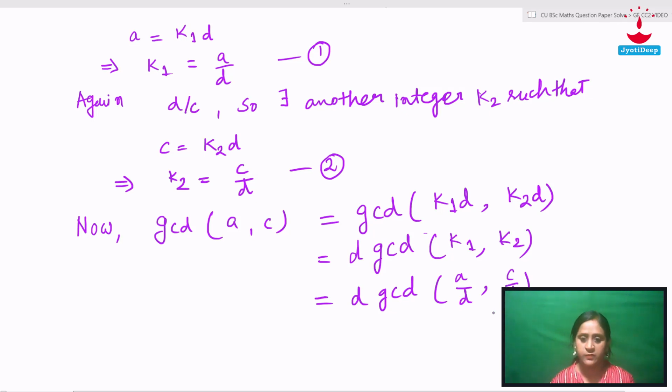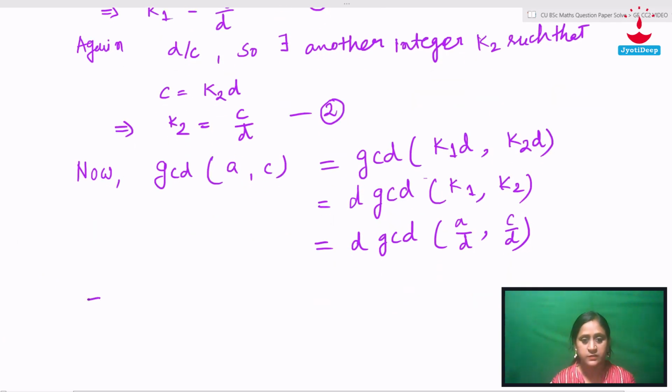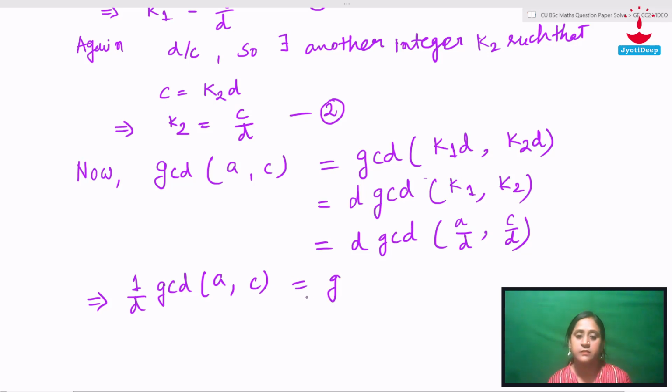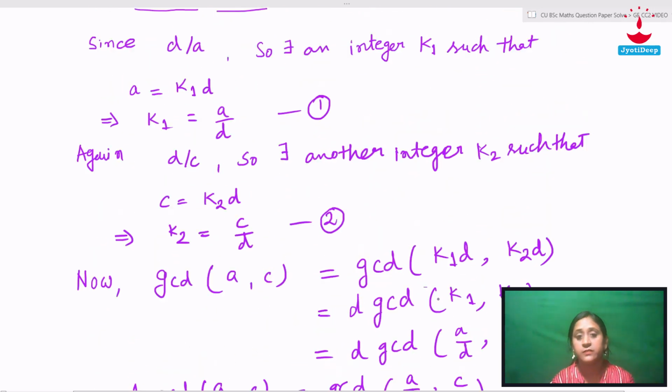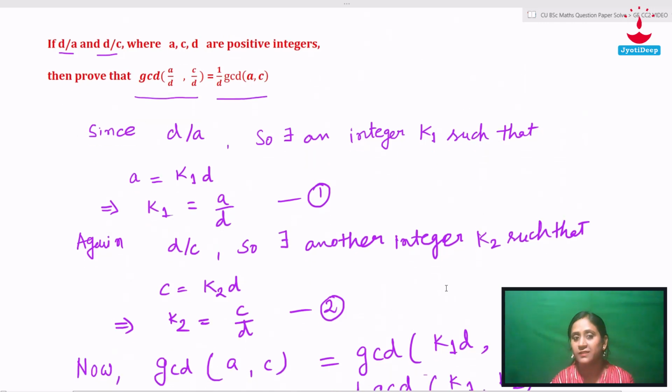Okay, understood? Now this implies 1 upon D GCD of A, C is equals to GCD of A by D comma C by D. Look, we have to prove this.